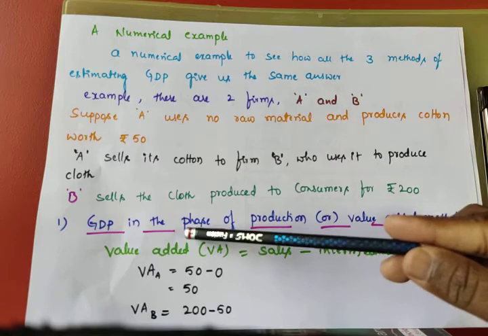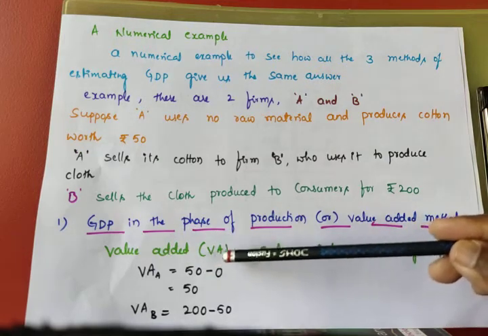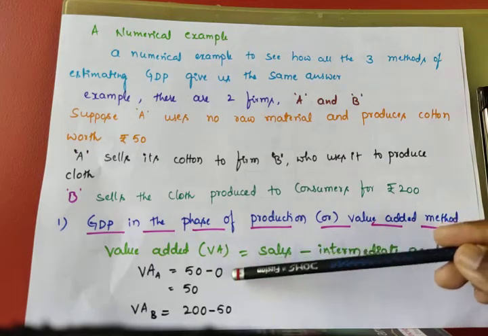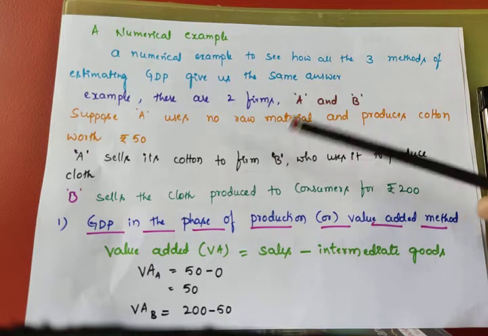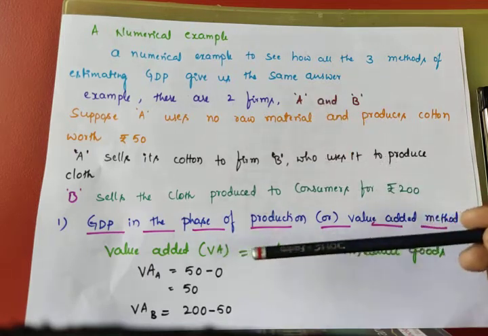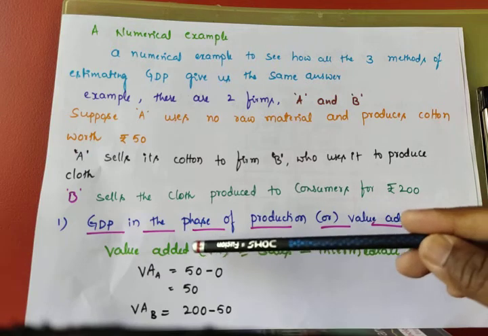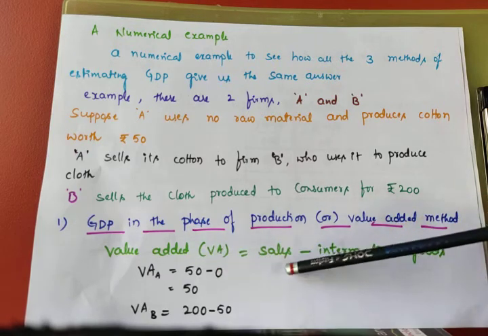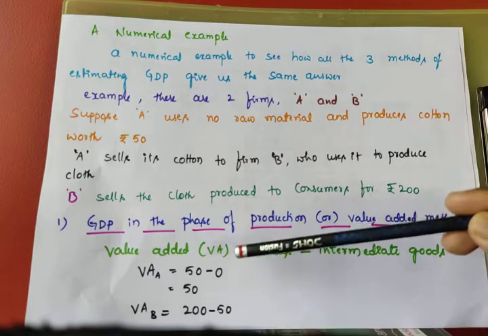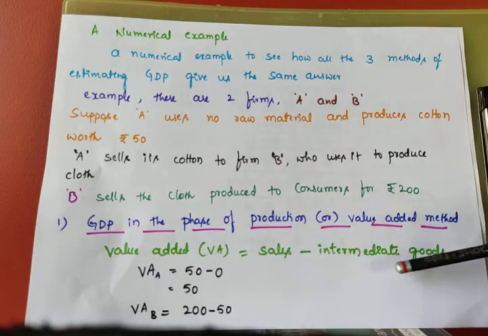Are you understanding? We are calculating national income under the product method using this example. The very important formula is value added equals sales minus intermediate goods.